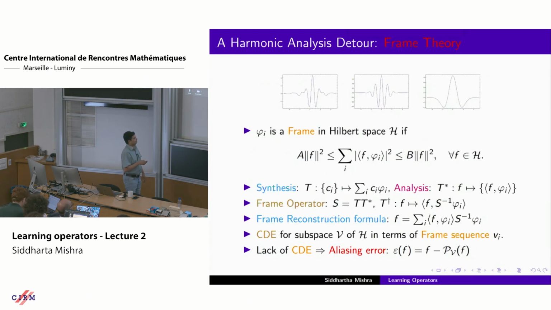It's exactly the same here, except that it is done in terms of frames. So you take this sequence here, you form a closed span of this sequence, and you do the projection. So if they belong to this closed span, that's why this is the projection operator. If they belong to the closed span, nothing is to be done. If they don't belong to the closed span, then of course you have an error.